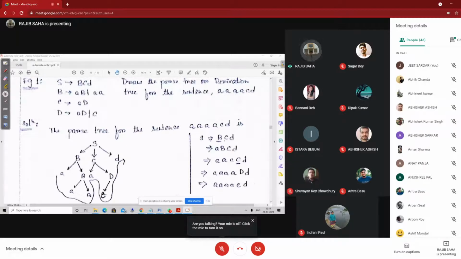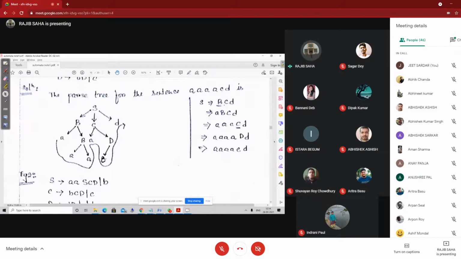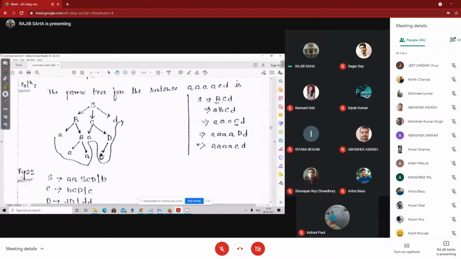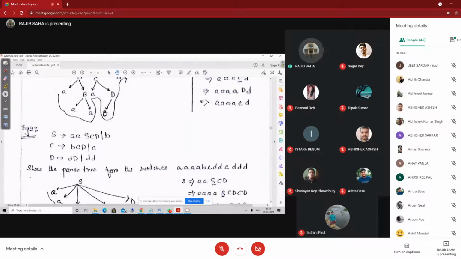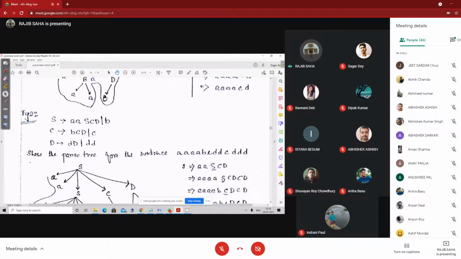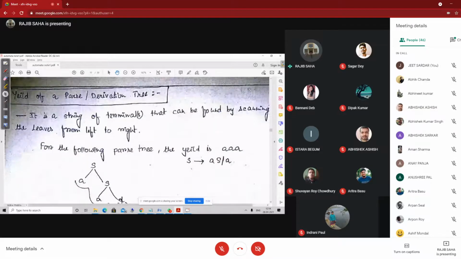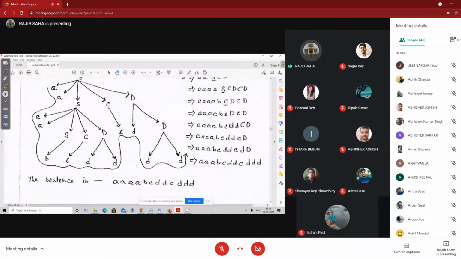So now if it is clear, actually the parse tree is important in some other context. It is very much important, but not only for the parse tree. Why it is required, I will show you.